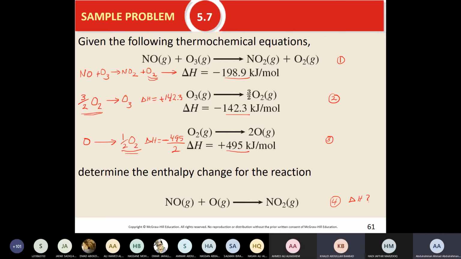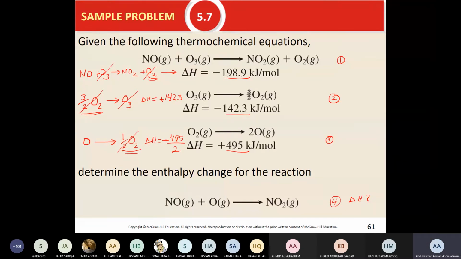Then I will get rid of this with these. Anything in reactant and product, I'll cancel it. I also have O3 in the reactant and O3 in the product of the second one. Cancel them with each other. All right?